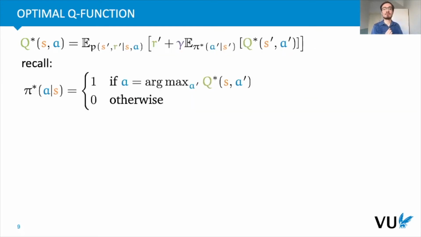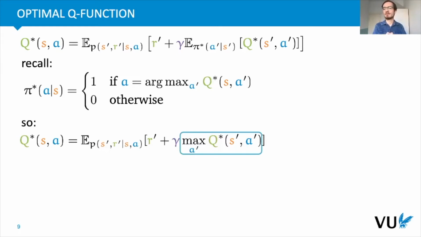Now we can simplify this even more. Why is this? We derived before that the optimal policy, pi star, is equal to the policy that always takes the action that maximizes the optimal Q function. And so instead of taking the expectation over this optimal policy, we can just say, that's not actually an expectation because it always uses the same action.